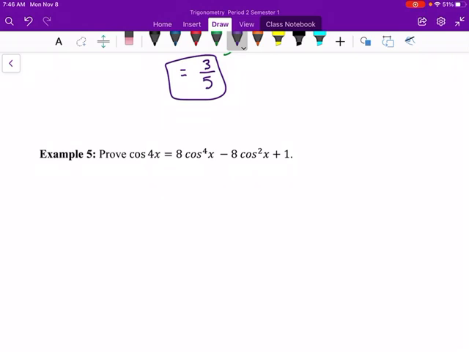If we look at the right side, I'm just going to rewrite that over here: 8 times cosine to the power of 4 of x minus 8 cosine squared x plus 1. You'll notice this is only working with cosine.